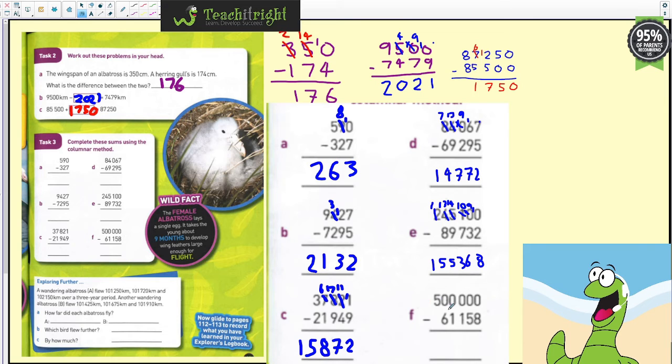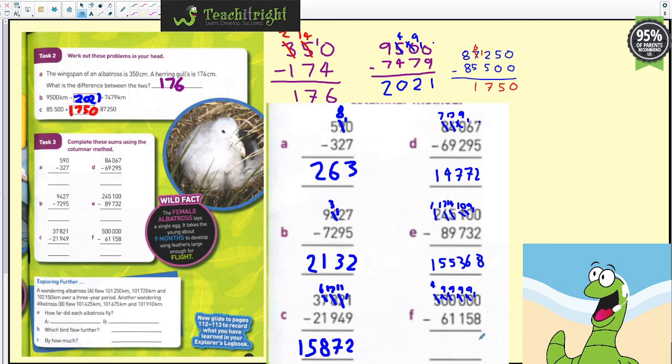Final question then, we've got 500,000 take away 61,158. So we're going to do lots of borrowing. So that becomes 4, which means this becomes a 10, which becomes a 9, which means this becomes a 10, which becomes a 9, which means this becomes a 10, becomes a 9, which means this becomes a 10. God, that was actually quite fun.